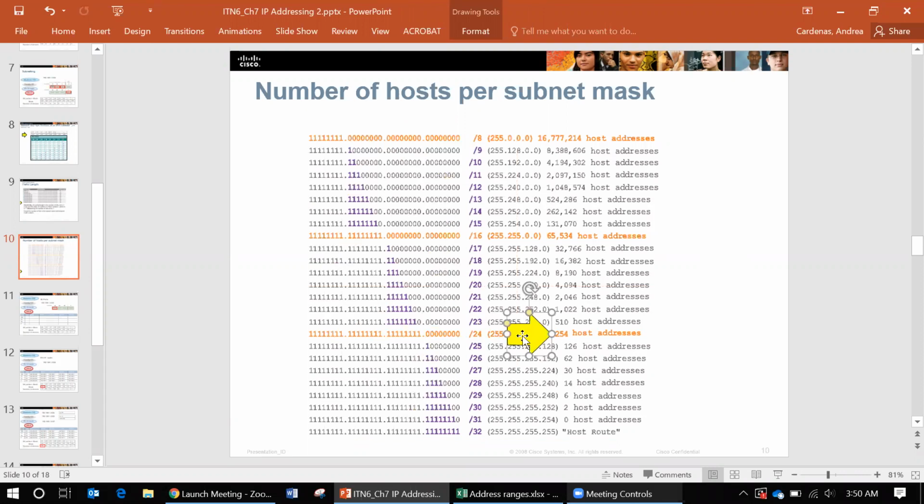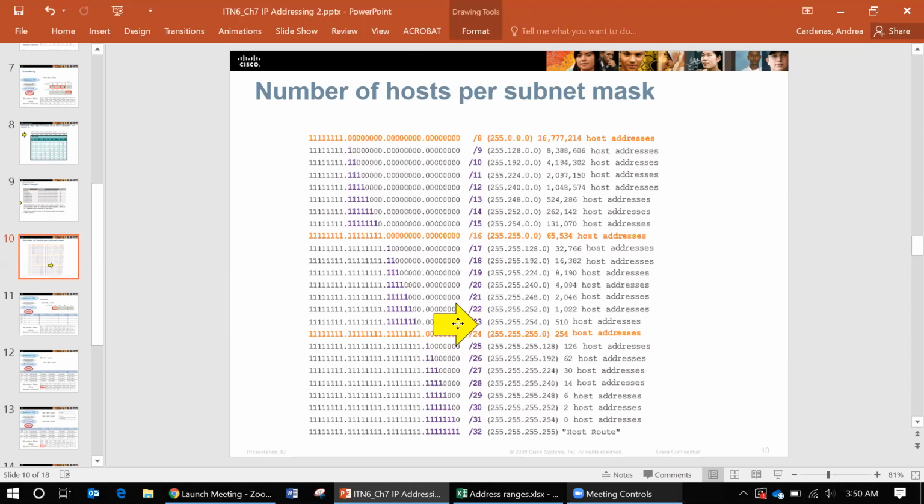Remember, I had a range from 0 through 255. Well, that's a total of 256, but you want to remember to subtract 2 because the very first one is reserved for the network, the very last one is reserved for the broadcast address. So as you use more bits, the number of hosts goes down.